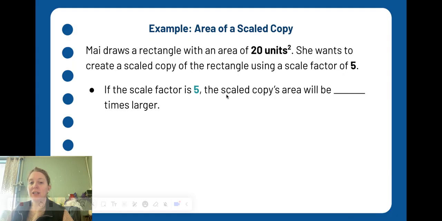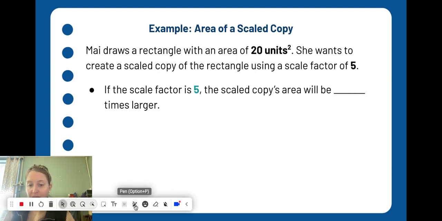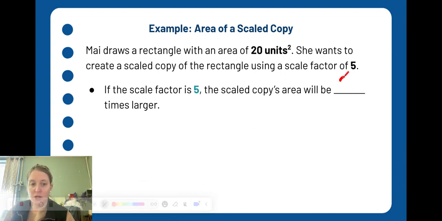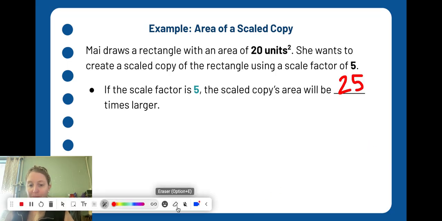If the scale factor is 5, then how many times larger would it be? Now remember, we have to do the scale factor squared. So what we would need to do is 5 times 5. So in this particular case, it would be 25 times larger, okay?